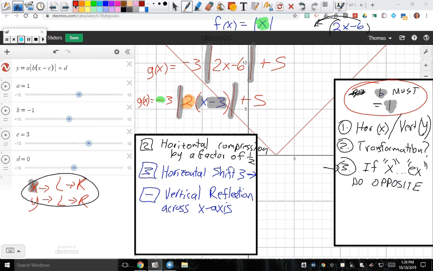All right, what's the next number that I'm looking at to list? The 3. Okay, so the 3 right here is going to be what? A vertical for sure because it's outside. A vertical what? Stretch. Why didn't you do the opposite? Because it's not with the x.